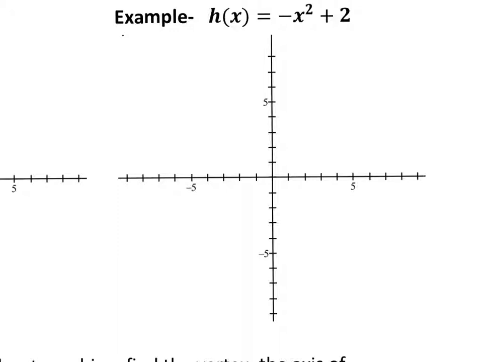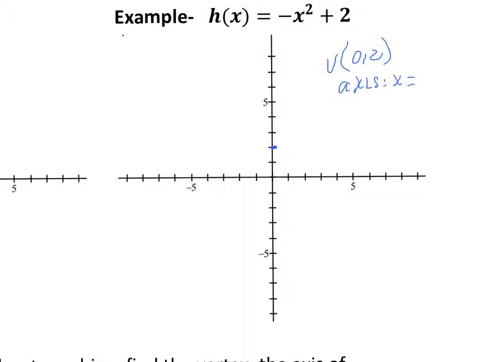All right, so what's going to happen here? We're going to go down, up 2, up 2, and we're going to flip it, right? So where's our new vertex? 0, 2. Is it 0 and 2? Good. Axis of symmetry? It's x, it's always x equals.